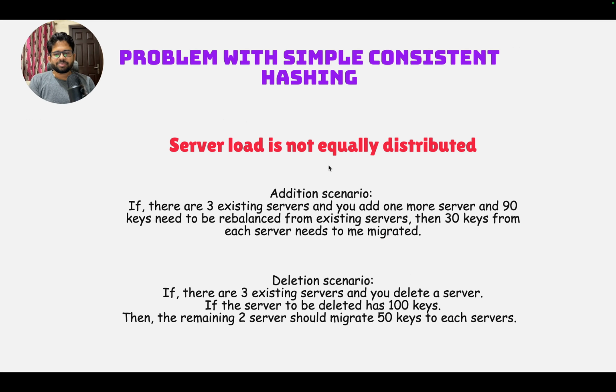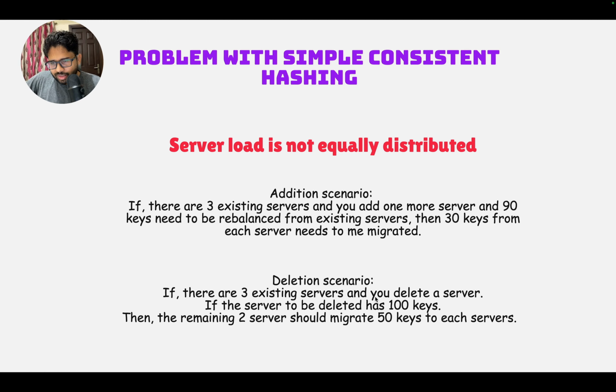So this is the problem which we should be very clear about: the number of rebalances has been optimized now, but the problem is server load is not equally distributed. So in case of addition, if there are 3 existing servers and you have to add one more server, the rebalancing is not equal.